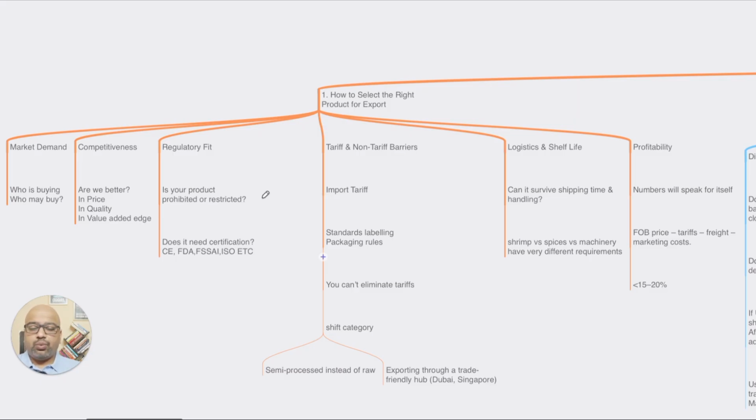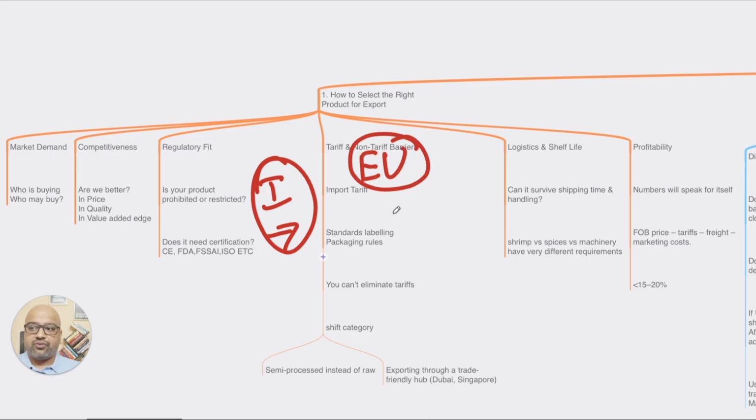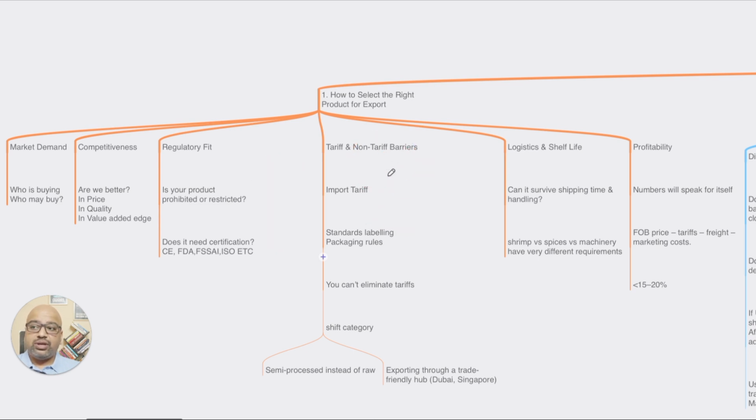But when you are exporting into the global market, it is completely different. To export from India, you need a set of documents. For the European Union, there is a different set of documents, licenses, approvals, and registrations. Only if those are there can your products come into the European Union.